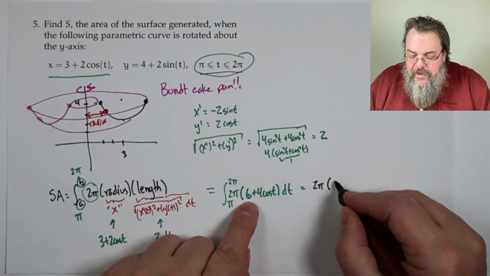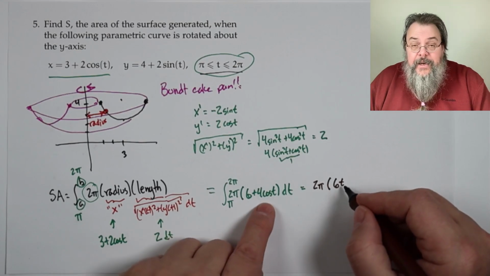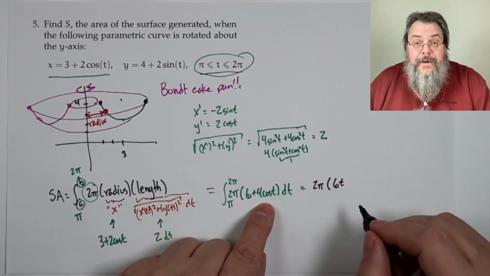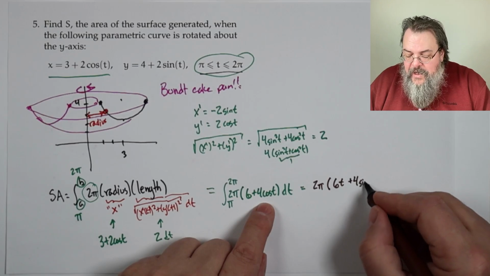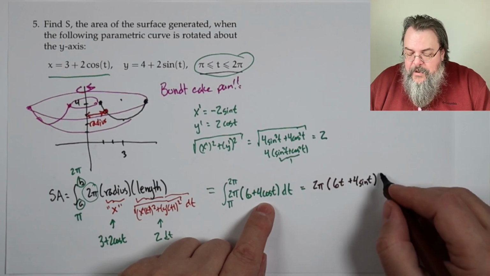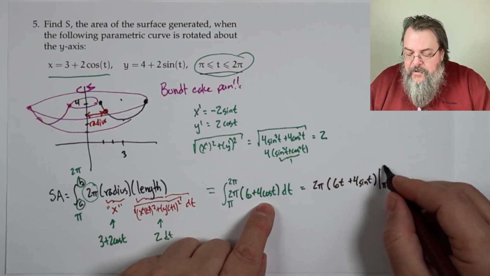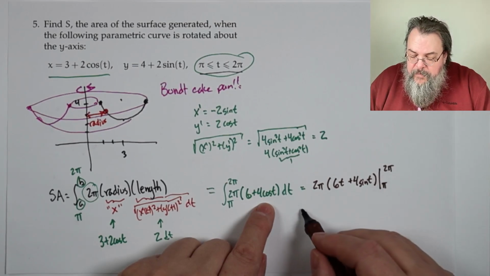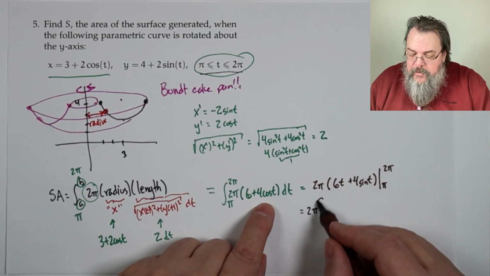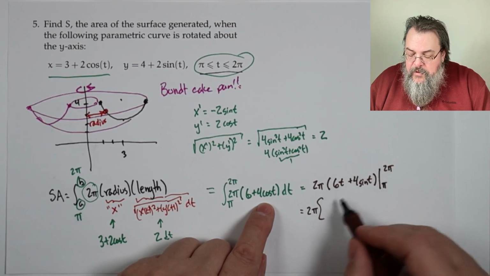All right, so integral of 6 is 6t. Integral of cosine is positive sine. So plus 4 sine t. And we're going to go pi to 2 pi. Now, when you plug in 2 pi, what do we get? 6 times 2 pi makes 12 pi.